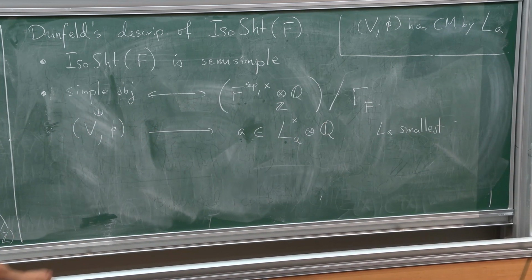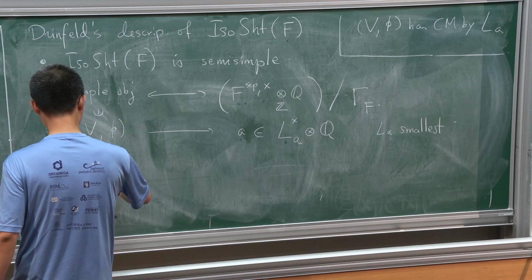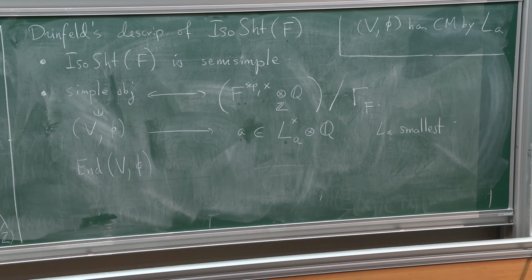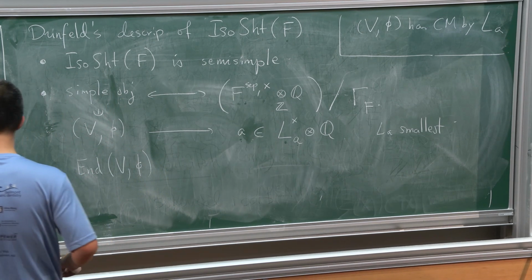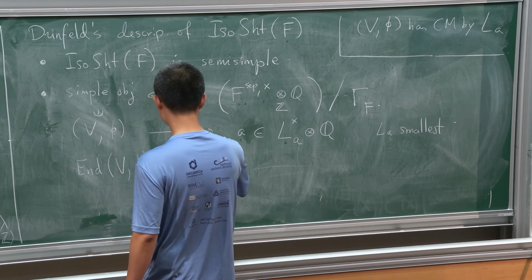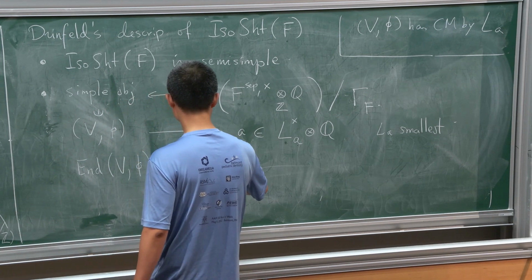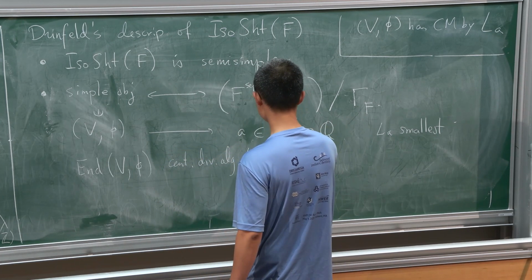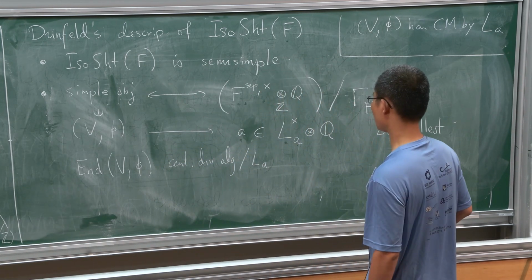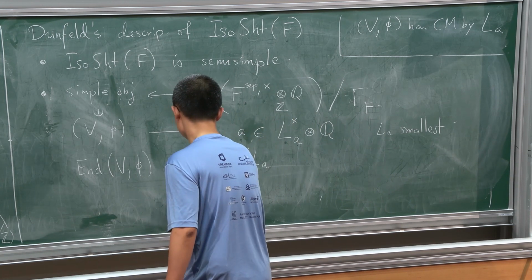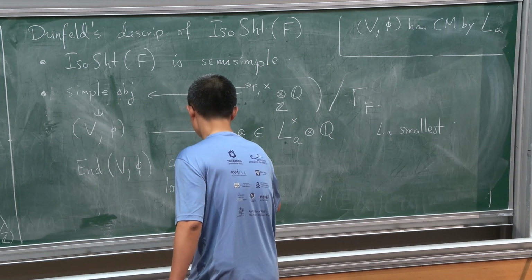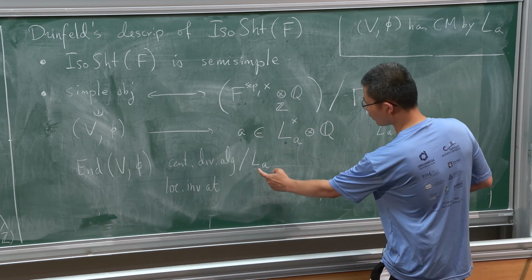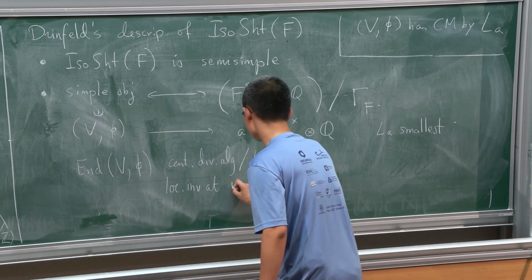Okay, then if we calculate the endomorphism ring of this simple object, we get a similar answer. This is a central division algebra, not over F, but over this L_A. And now I can talk about its local invariants at a place of L_A.